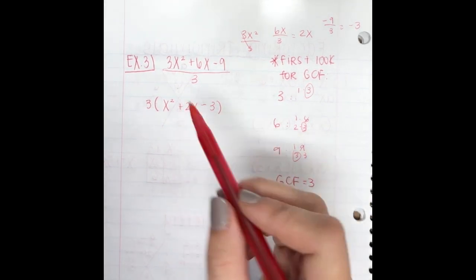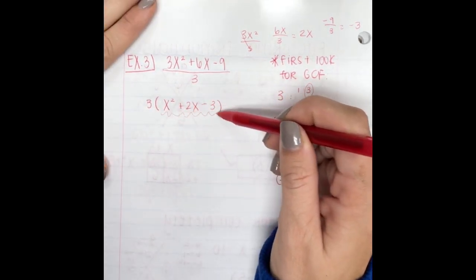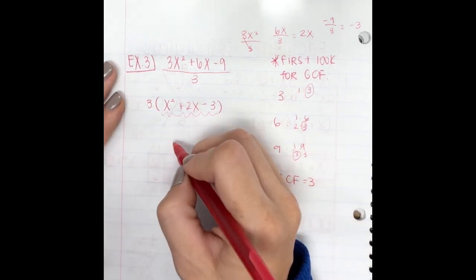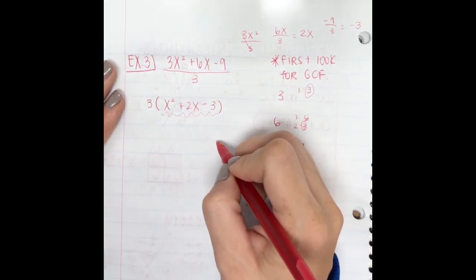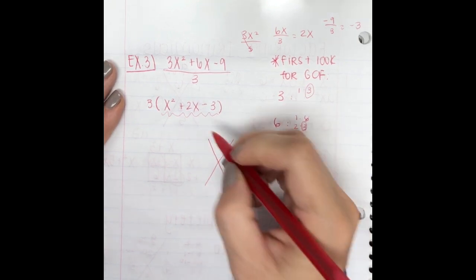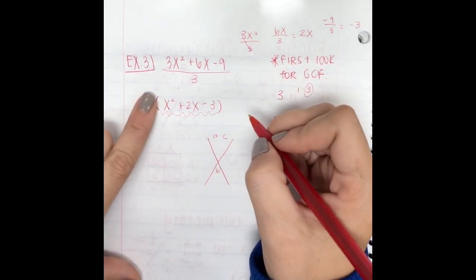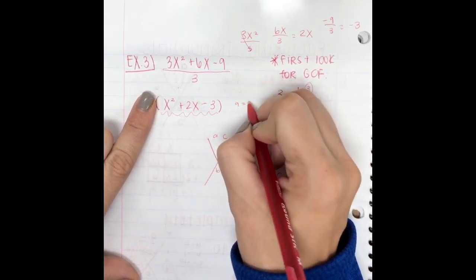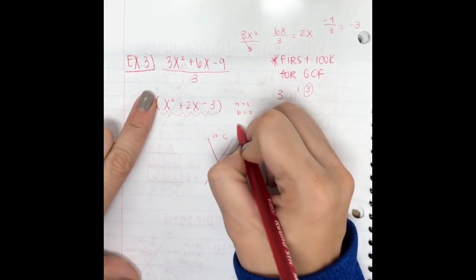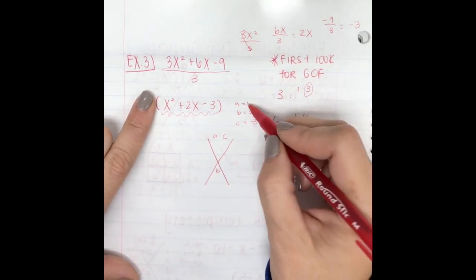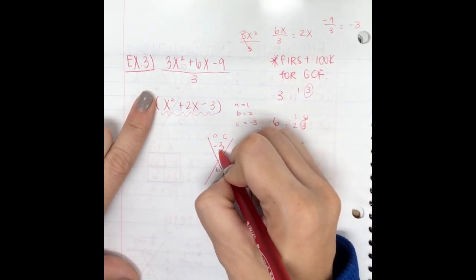So now we want to use this trinomial to factor, okay? So I'm going to draw my x box. Always a times c and then your b. So we're not looking at our 3 right now. Our a is 1, b is 2, and our c is negative 3. So a times c, 1 times negative 3 is a negative 3.